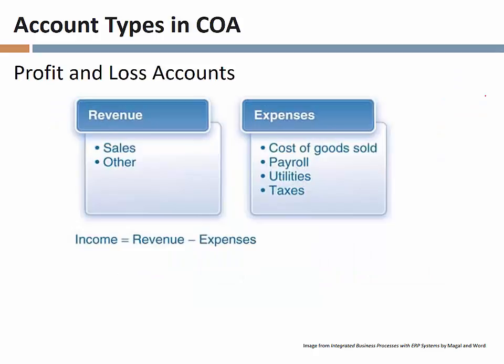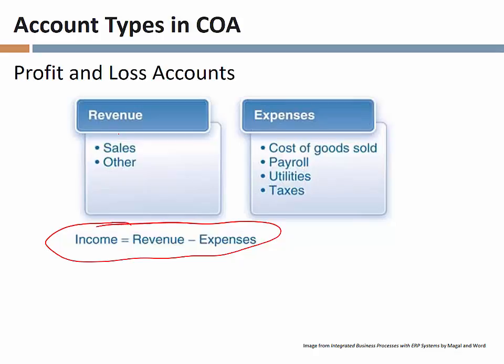The second category we said was profit and loss accounts. So whereas the equation that drives the balance sheet is assets equal liabilities plus equity, profit and loss accounts relate to this equation that our income is equal to our revenue minus our expenses.